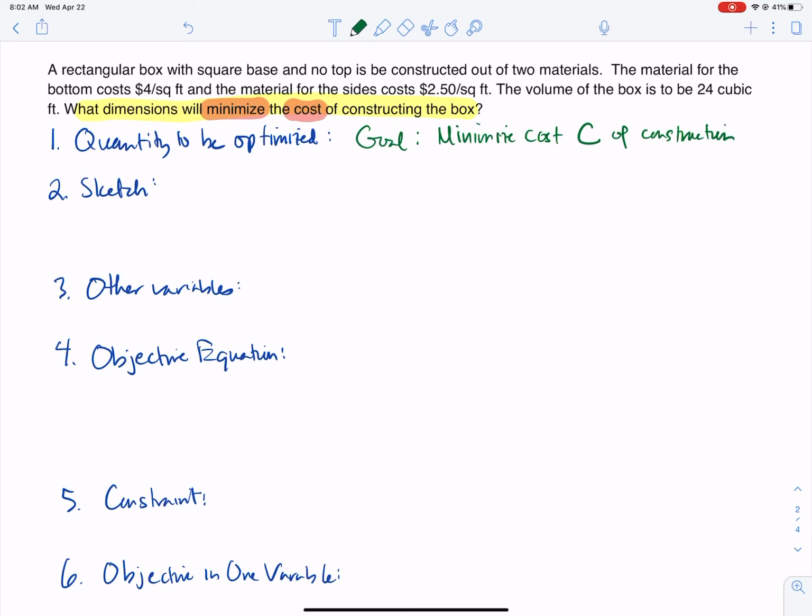So generally speaking, especially when these problems are geometric in nature, a sketch is probably a good thing to have on hand. So here's my attempt at drawing this box.